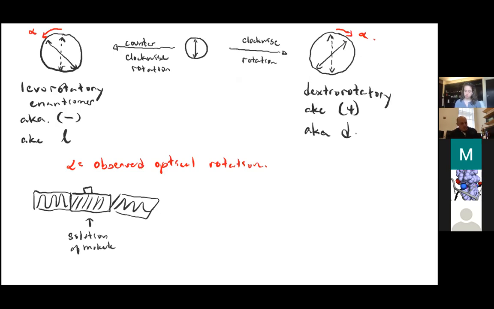Okay, so the observed optical rotation, alpha, is an experimental value. It is what we measure, and we say that it is equal to alpha in brackets, which we call the specific rotation, times concentration.